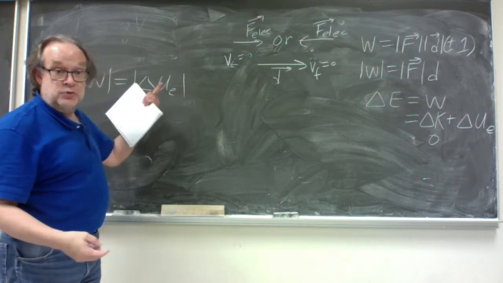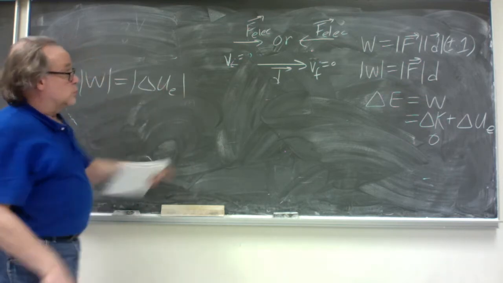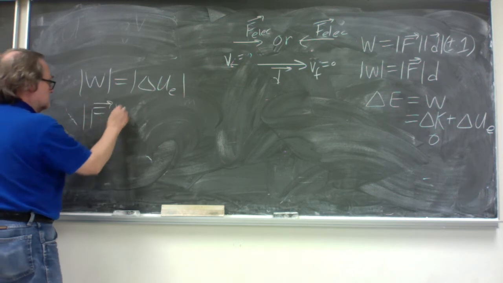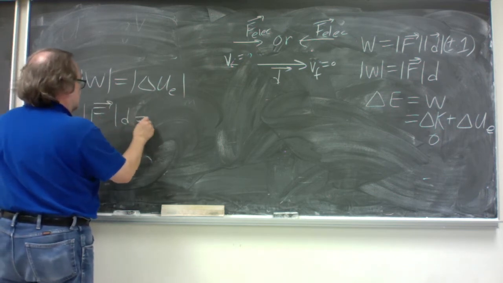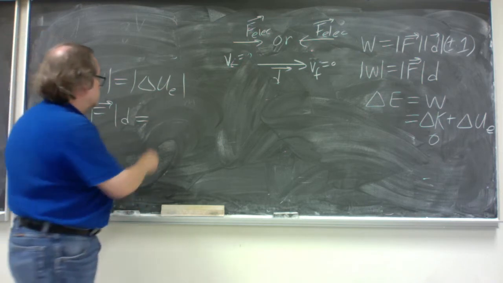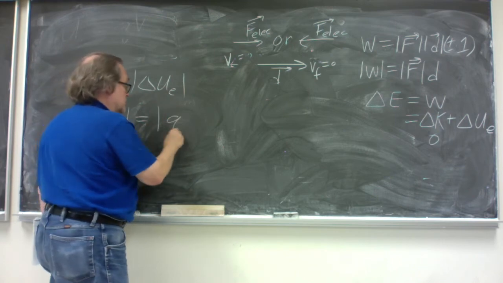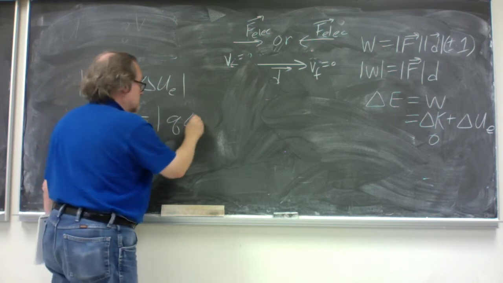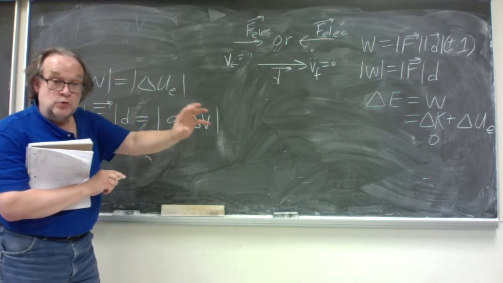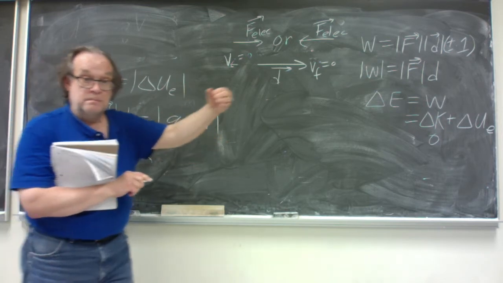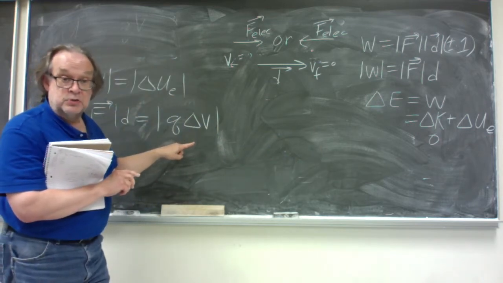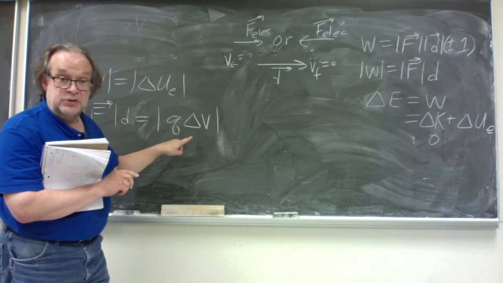Let's write out these two sides in detail. Well, magnitude of the work, that's just force times d. And then magnitude of the change in potential energy is just charge times change in voltage, right? An object with this much charge moves from some point with one value of potential to some other point with a different value of potential, and this is just the difference between the final and initial values of potential.